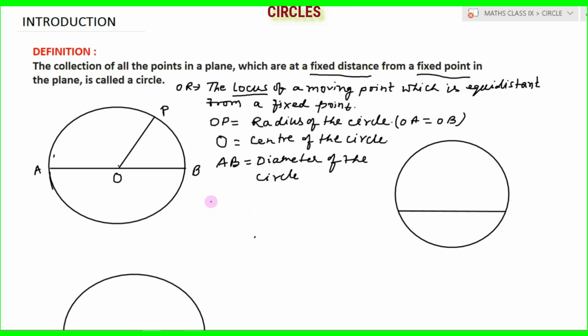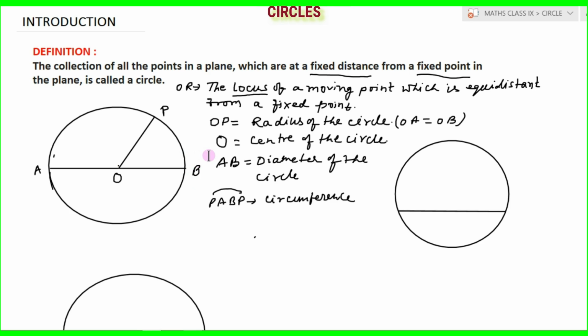Starting from P, moving towards A, then to B, and finally reaching P again, this whole length, or the length of this curve, is called the circumference of the circle. Clear? I hope you have understood these basic terms.